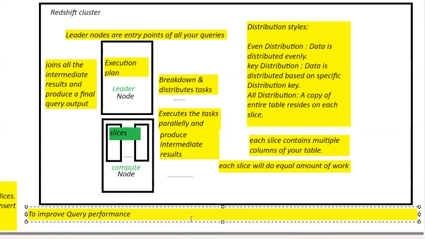your data is stored by using a sort key. I hope all the points are covered. So by using a sort key, your data is stored in Redshift. For what?